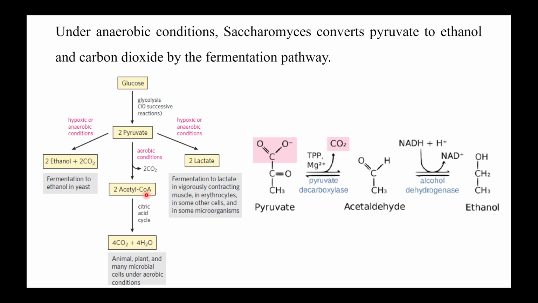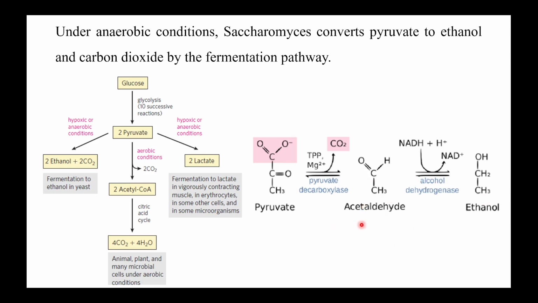Okay, so it uses the enzyme pyruvate decarboxylase, where decarboxylation of this pyruvate occurs. So the CO2 is released and acetaldehyde forms. This acetaldehyde then gets converted into ethanol by alcohol dehydrogenase. Okay.